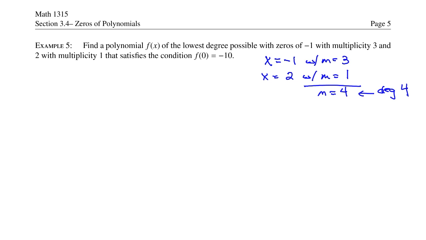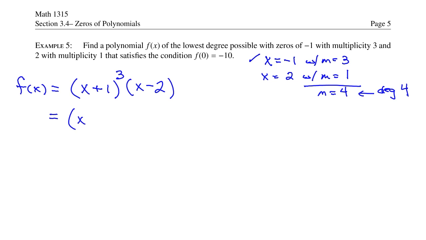Well, the next thing I can do is write out the linearization, and it would be x plus 1 cubed from the root and the 0 that is x equals negative 1, times x minus 2 with multiplicity 1. We don't really write the exponent there. Now we do need to multiply all of this out, and we'll do this in several parts.